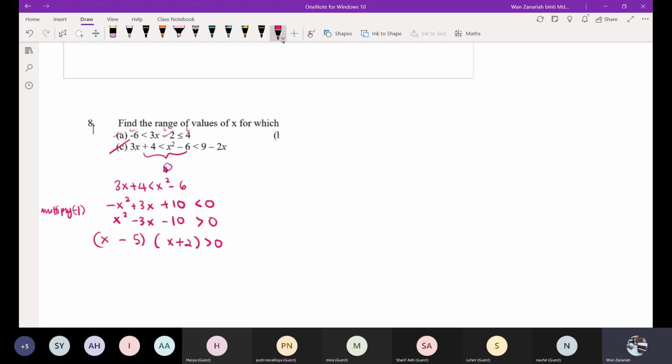So, since it is quadratic, we straight away use the graphical method. So, x equals 5 or x equals negative 2. So, negative 2 followed by 5.